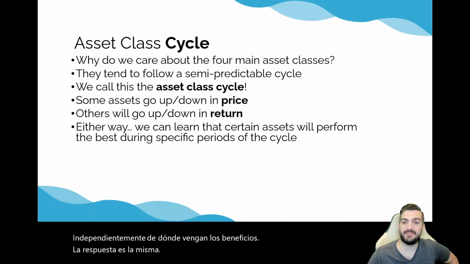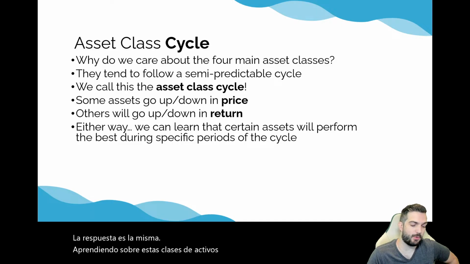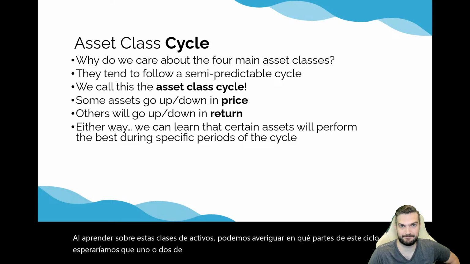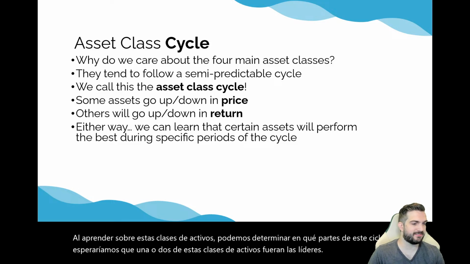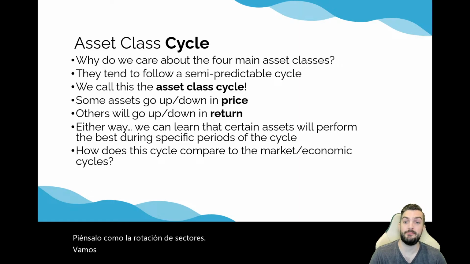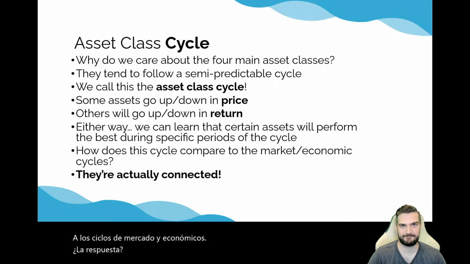By learning about these asset classes, we can figure out during what parts of this cycle we would expect one or two of these asset classes to be the leaders. Think about it like sector rotation. Let's figure out, how does this cycle compare to the market and economic cycles? The answer, they're actually connected.